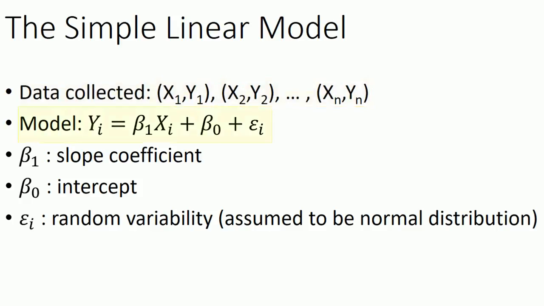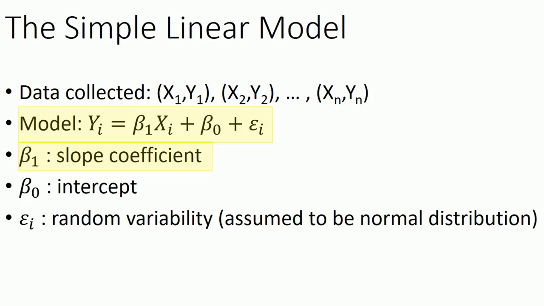And so the linear model is that every value of Y, so I'm indexing them with i's, so i could be 1, 2, 3, that's just the little subscript index, Yi is going to be the slope beta 1 times xi. Beta 1 is just the notation used for the slope. That's the true parameter of the slope.